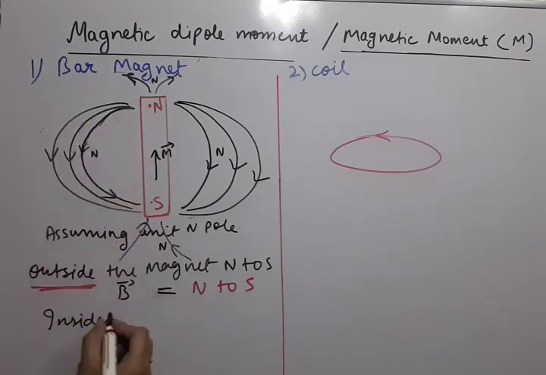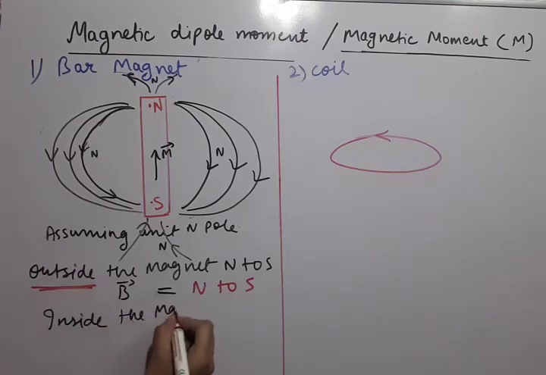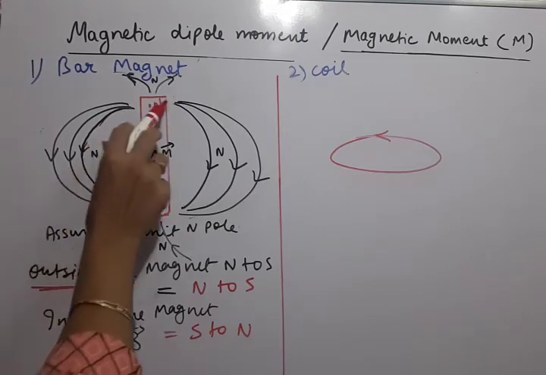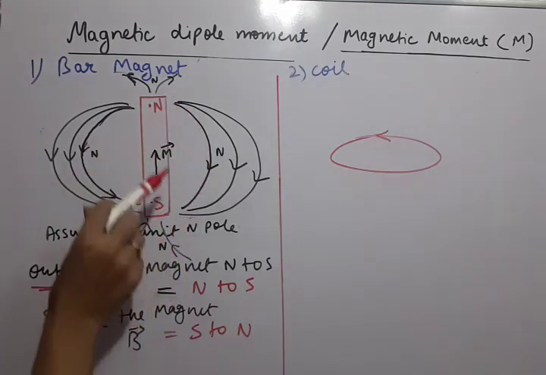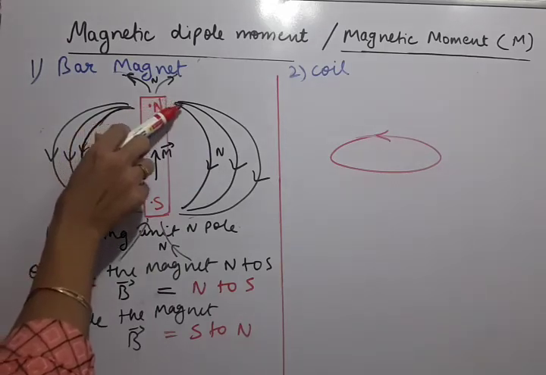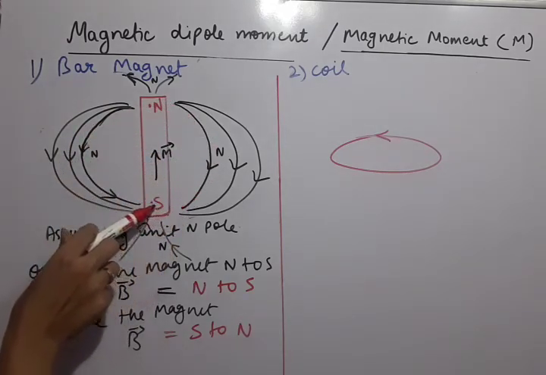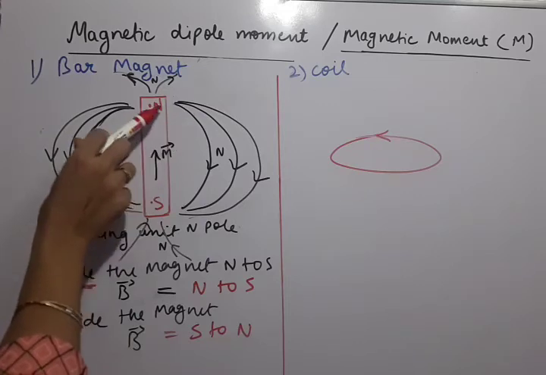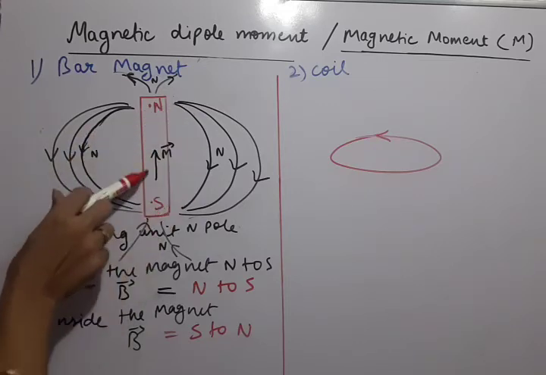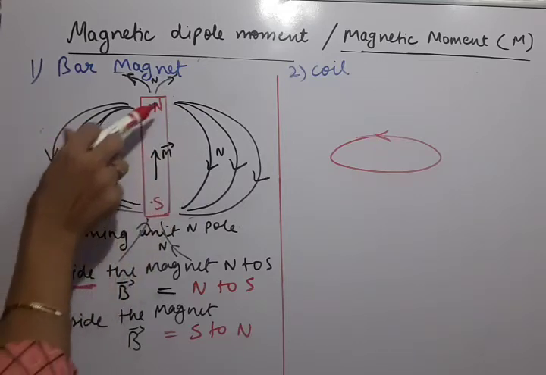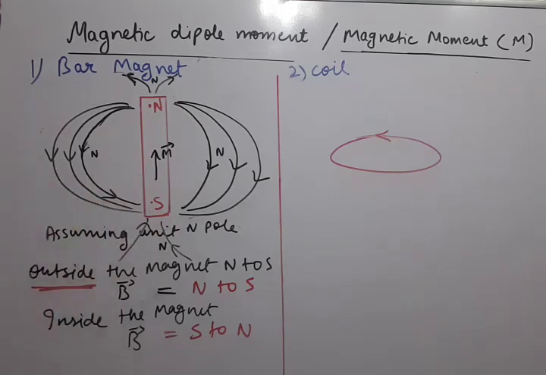So inside the magnet, the magnetic field is from S to N direction. And you can notice that the magnetic field line is making a closed loop also. From N the field line goes to S, and inside from S to N. Outside from N to S, inside from S to N. So that's why the magnetic field lines always make closed loops, which you can see here also.